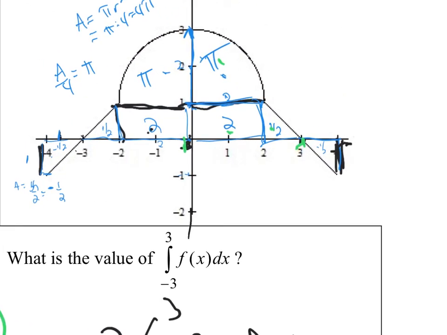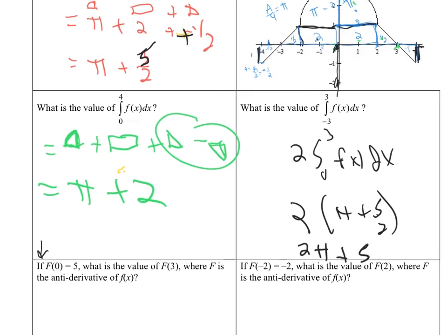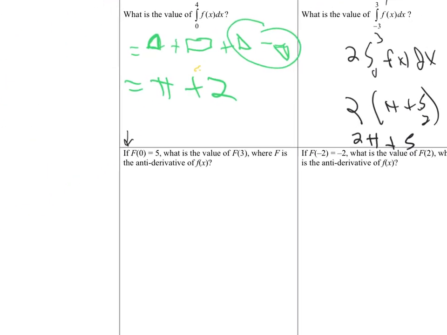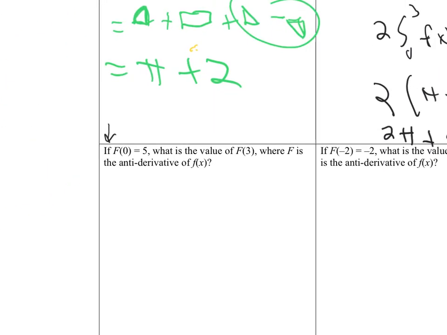If the answer at the start of 0 is 5, he's telling me that when I started, that's called like an initial position. It's a constant. Then what's the value of f of 3?